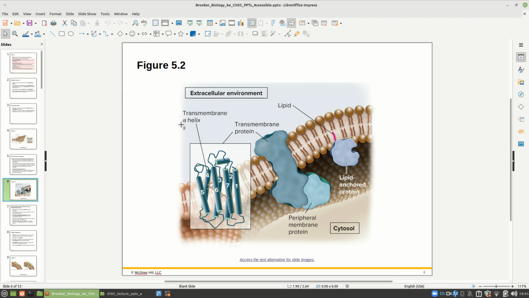And so this is a transmembrane alpha helix, and this particular protein is made out of, it looks like, 7 alpha helices, maybe even an 8th one that's sticking up outside of the membrane here. And so an alpha helix is just a shape, a structure that the protein can form once it folds up.